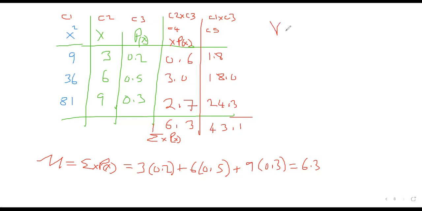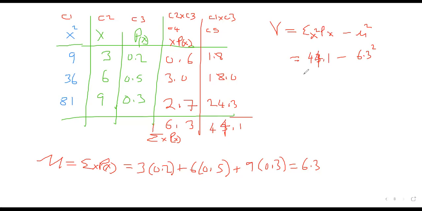So the variance is simply a summation of x squared p(x) minus the mean squared. So the answer we got here is 44.1 minus the mean we found, which is 6.3 squared. Sorry, it's 44.1.